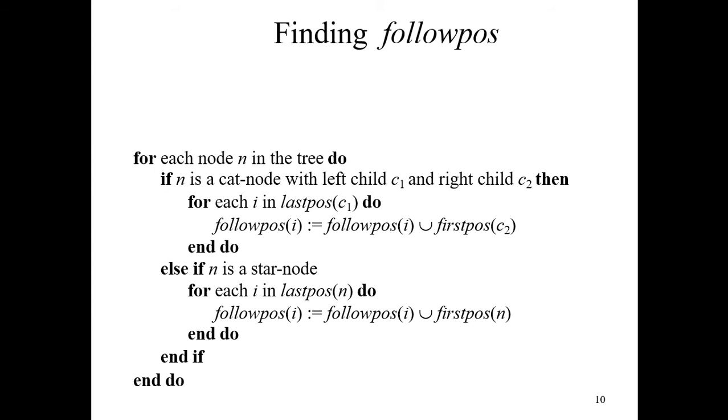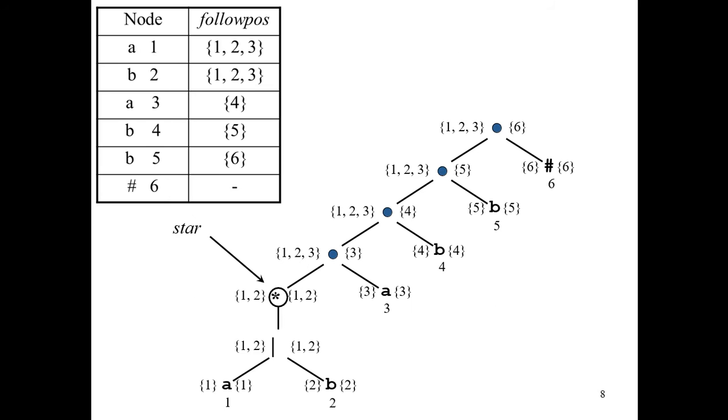And for a star node, for every lastpos on the star symbol, it will go to another firstpos. We'll see that through the example here. Now here we have the star symbol, with 1 2 and 1 2.